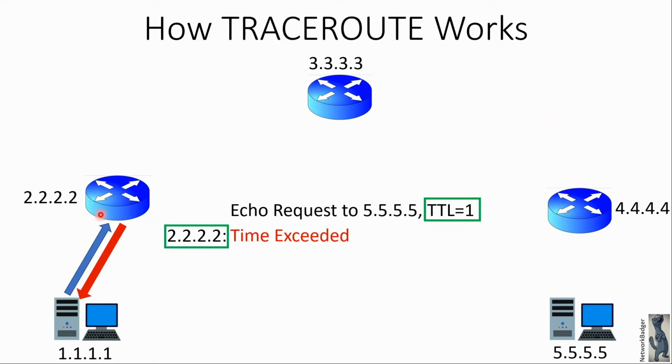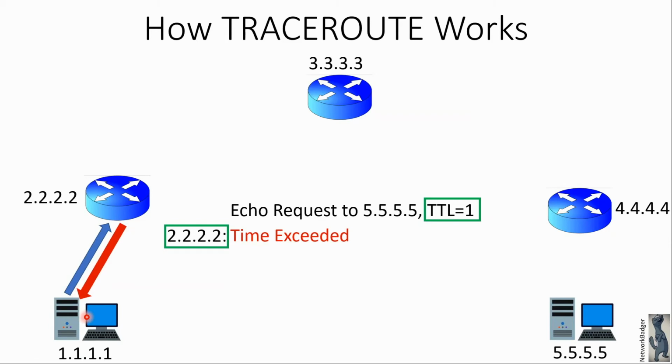The first router will respond saying time to live exceeded. The first router knows how to reach the ultimate destination 5.5.5.5, but he's not allowed to proceed because the time to live was so low. The first router that received the packet had to discard it. So the first router responds back to us saying, sorry, time exceeded.